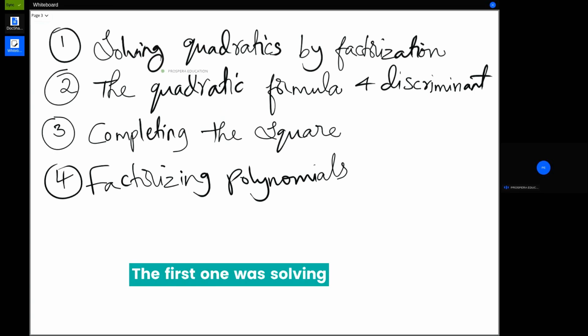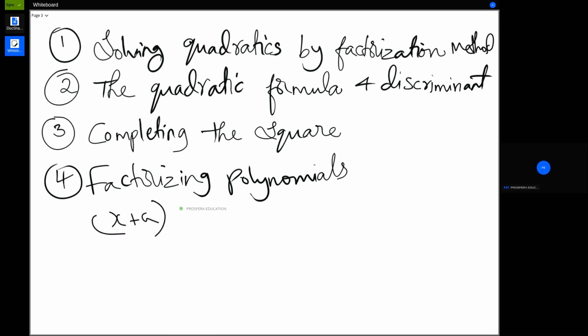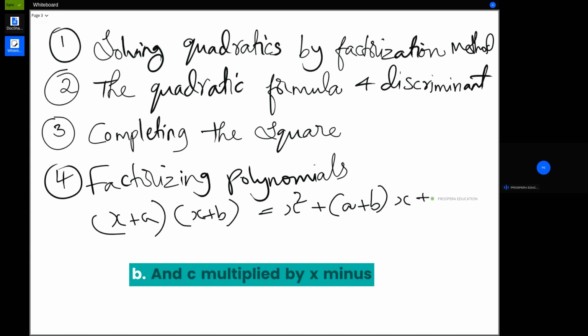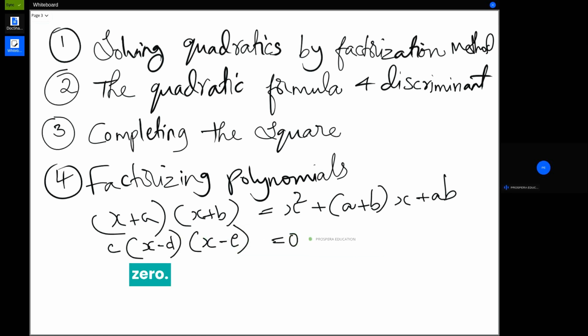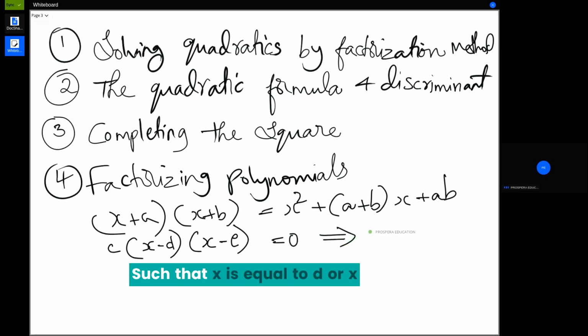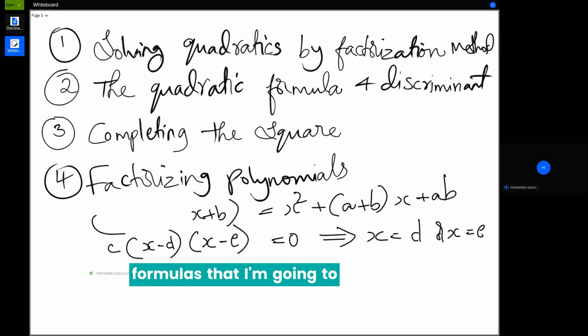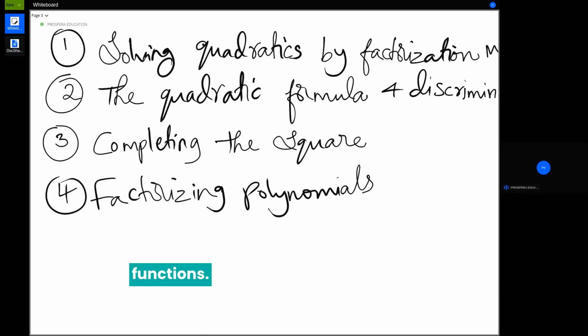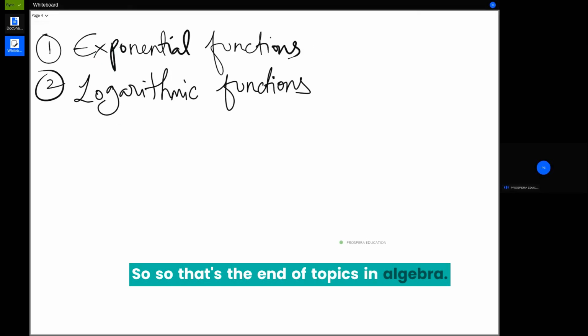The first one was solving quadratics by factorization method. (x + a)(x + b) = x squared + (a + b)x + ab. (x - d)(x - c) = 0, such that x = d or x = c. These kinds of formulas I'm going to teach. So after that, we're going to talk about exponential and log functions. So that's the end of topics in algebra.